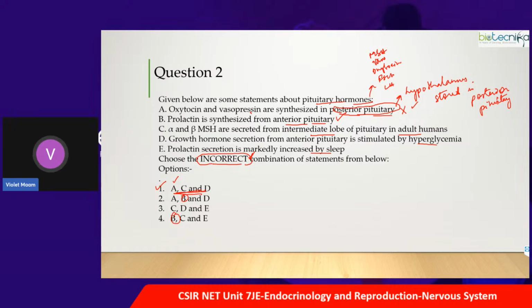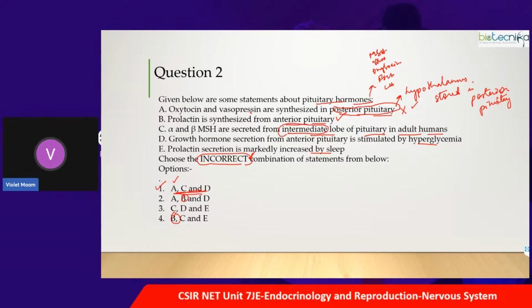So in this option, A is incorrect, B is not present, which means this is the most probable one, right? So A, C, D. B is a correct statement, as I said: prolactin is synthesized from anterior pituitary. Then C is about alpha and beta MSH being secreted from the intermediate lobe of pituitary in adult humans. Now why is C incorrect? I think I have told you all that alpha and beta MSH are secreted from the pituitary, but not from the intermediate lobe.